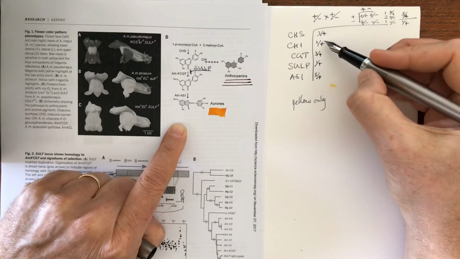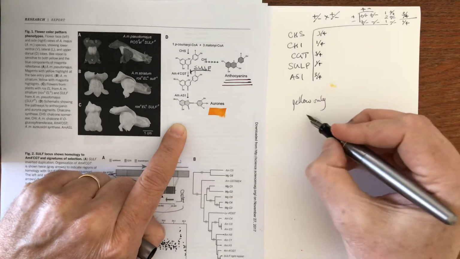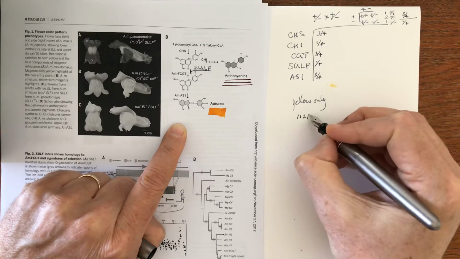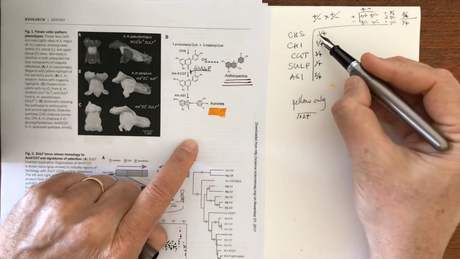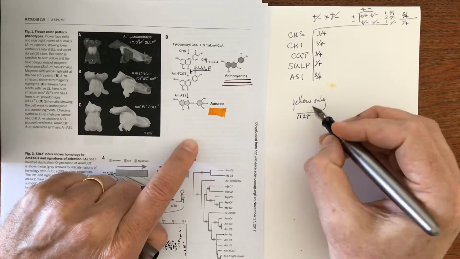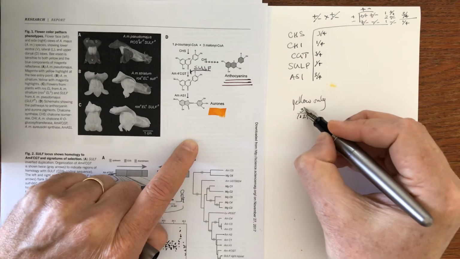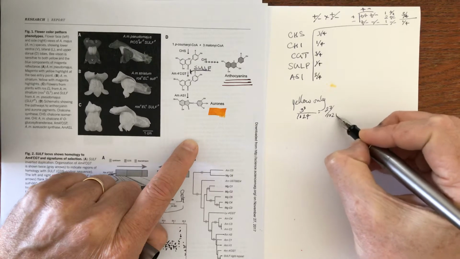So 4 times 4 times 4 times 4 times 4, that's 2 to the 10th, that's 1024. So yellow only, we can do the whole problem out of 1024. 3 times 3 times 3, that's 27. So we're going to have 3 cubed, which equals 27/1024.